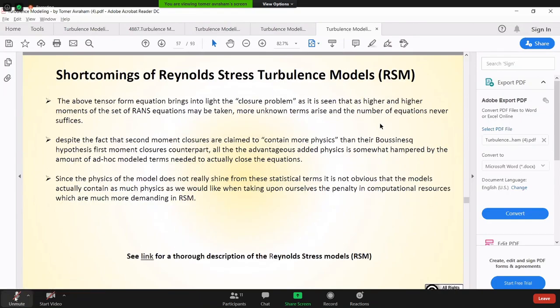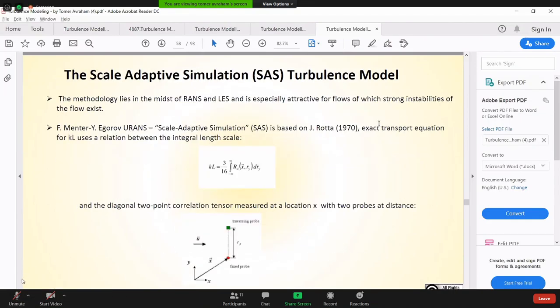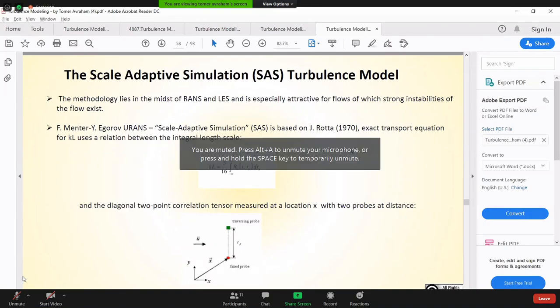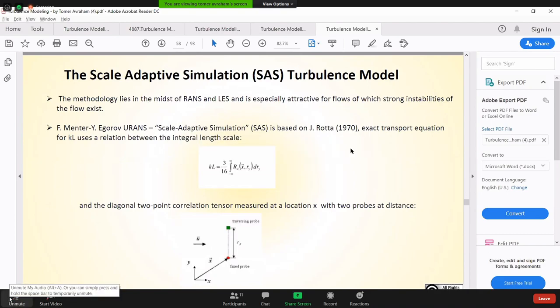Beyond eddy viscosity, there is another very interesting and quite fun approach they use.